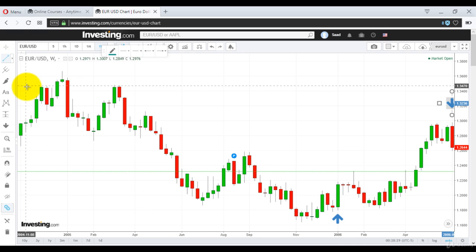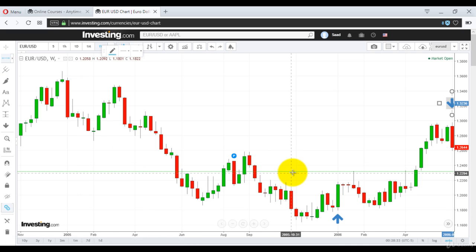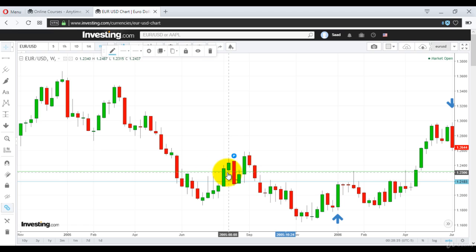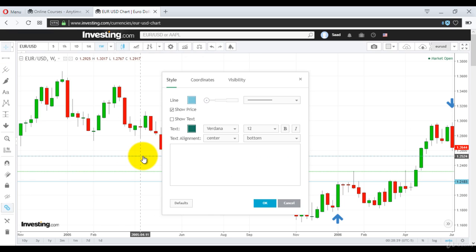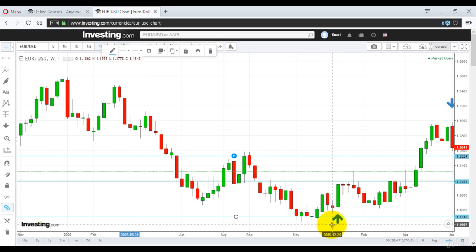Let me show you the box. Wait a minute. Here is the top box. Middle box. And the lower box is here. So you can see these are 3 lines and it tells you the box.